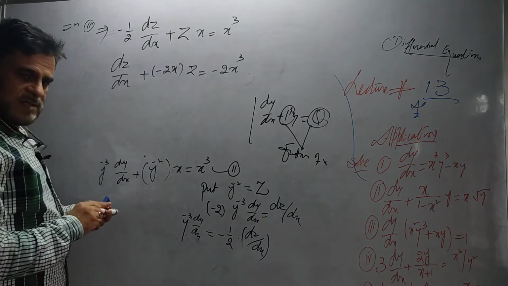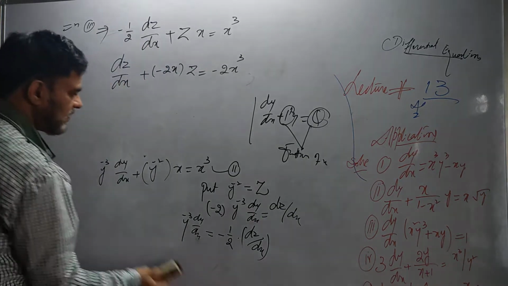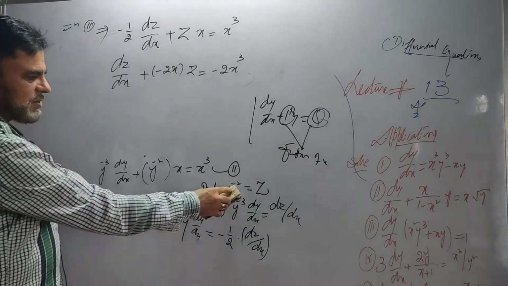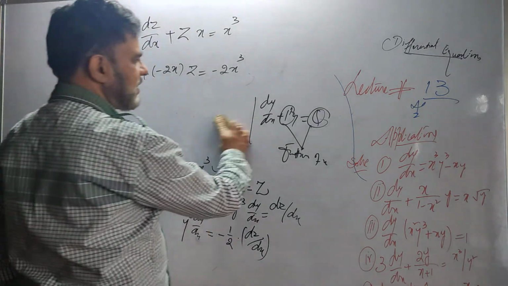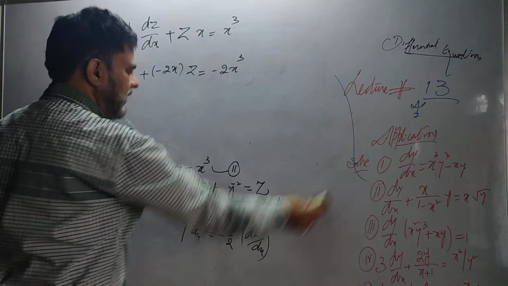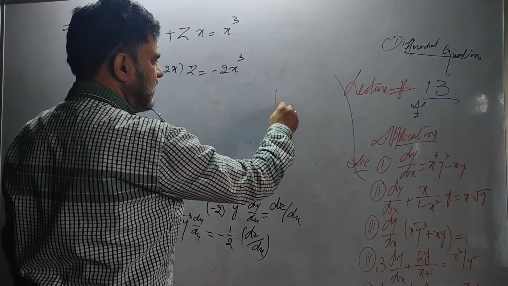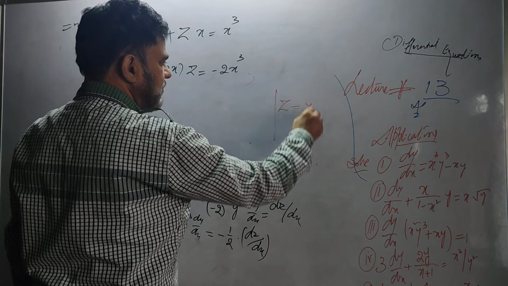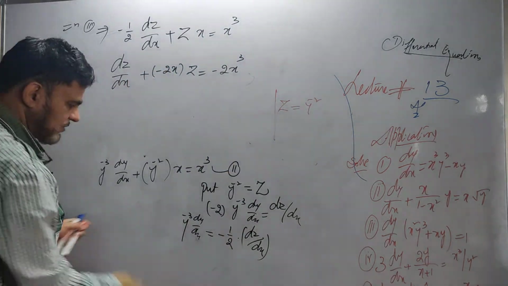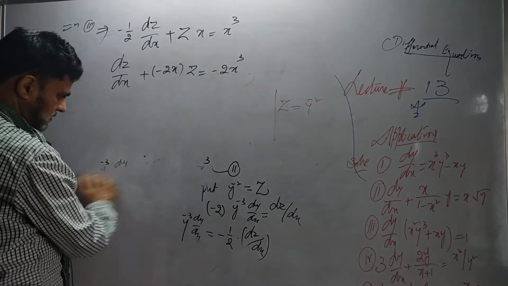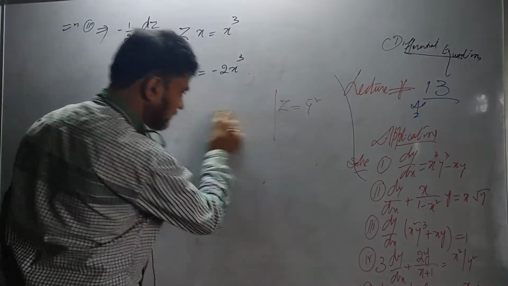Now this is your standard form of the linear differential equation. But you have to remember your substitution, y raised to the power minus 2 is z, because we need it at the end. I will write here our substitution, z is y raised to the power minus 2. We will need it later on. So the rest I will rub, the rest I don't need.